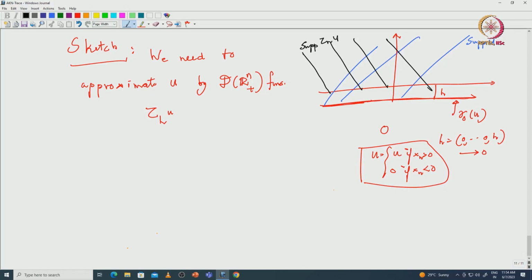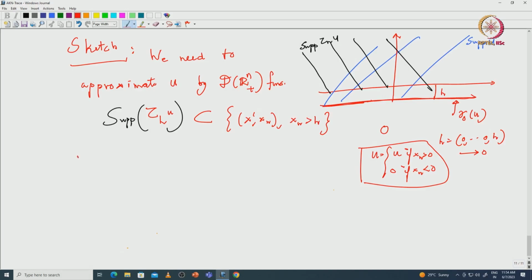So, the support of tau h of u will be contained in the set of all x prime, x n with x n greater than h, you see.